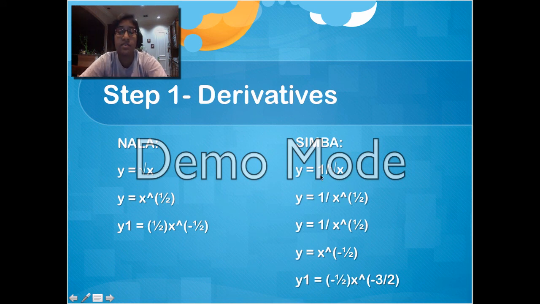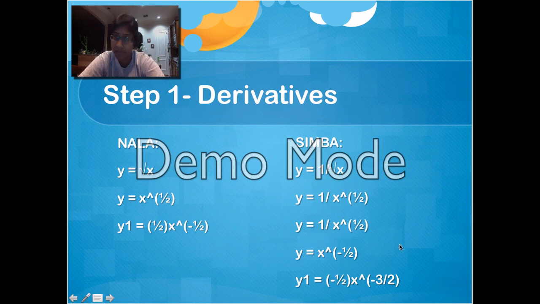Similarly, we're going to find the derivative of Simba's path. Simba's path is y equals 1 over root x, and this can be rewritten as y equals 1 over x to the 1/2. And so finally, we can write this equation as y equals x to the negative 1/2, because we're getting rid of the fraction and the 1 on the top.